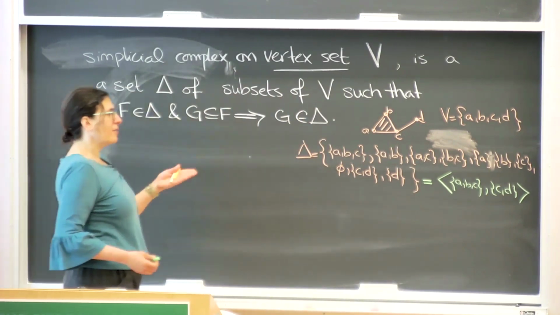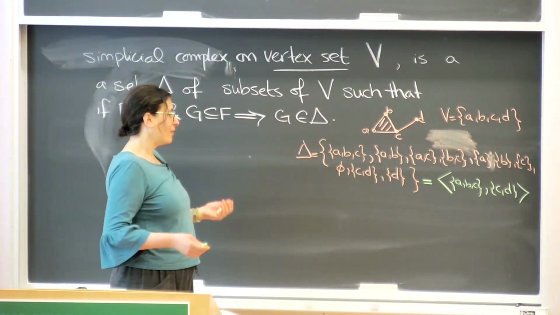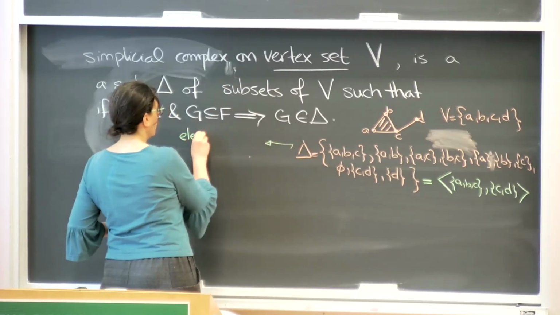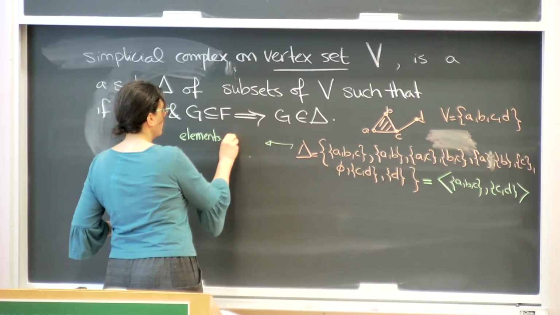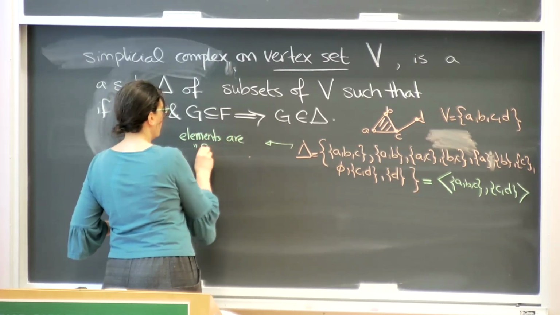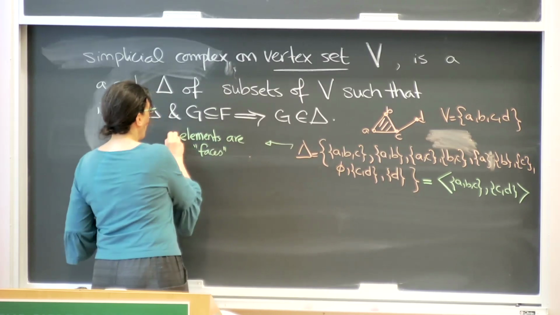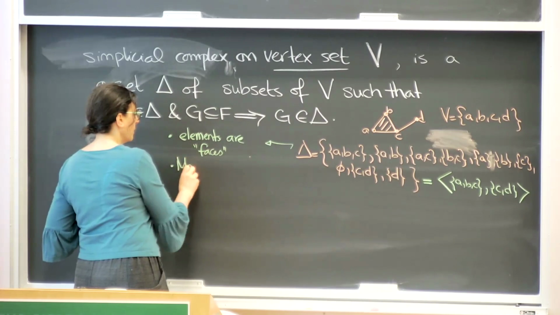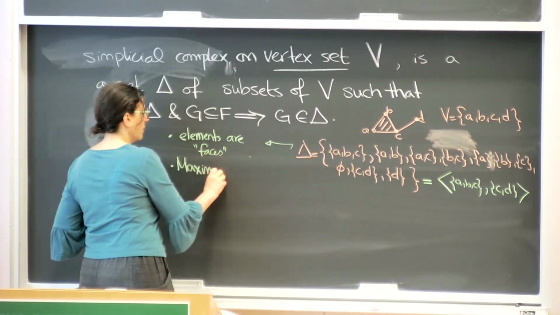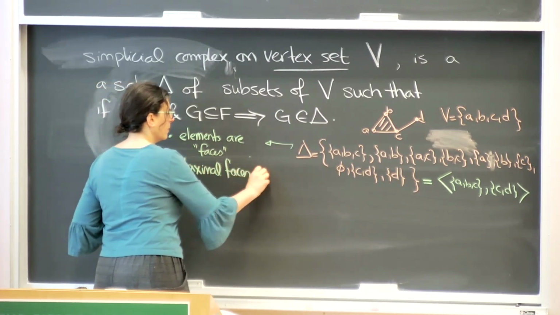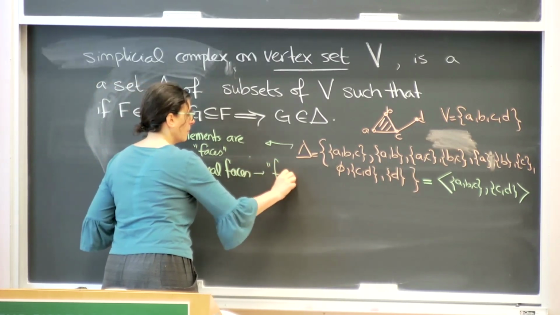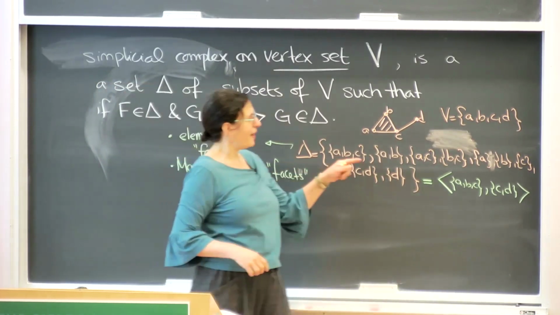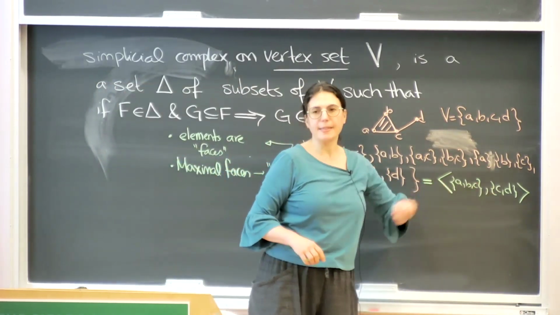All the elements of this set are called faces, and the maximal faces are called facets. So this complex has facets A, B, C, and C, D.